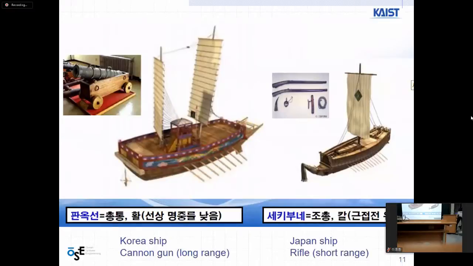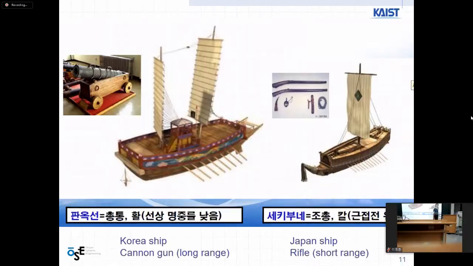And this is another comparison, but I copied from another person's one, so the Korean characters are still there. But I retranslated, right? Turtle shape, but this one is before the coverage of the top face. So we call this a panokson.